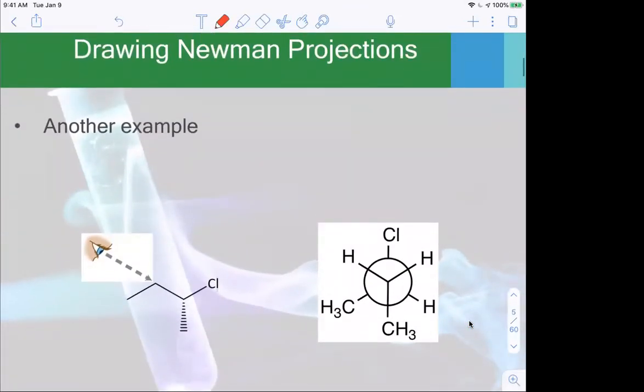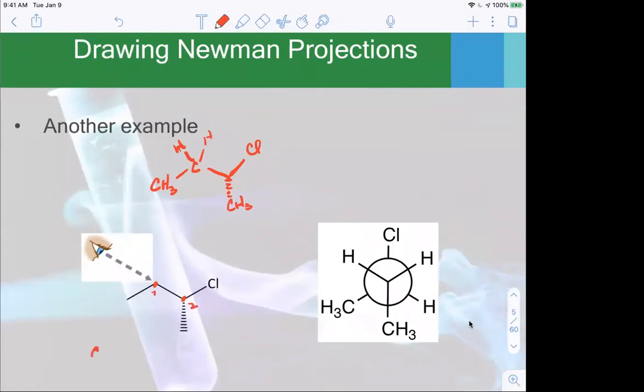So for example, I have this. Remember, this guy really looks like this, right? If I draw it out, this is carbon number 1, and this is carbon number 2.